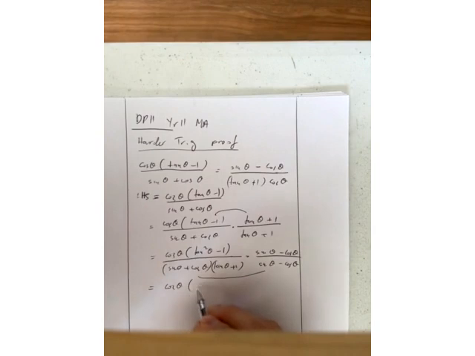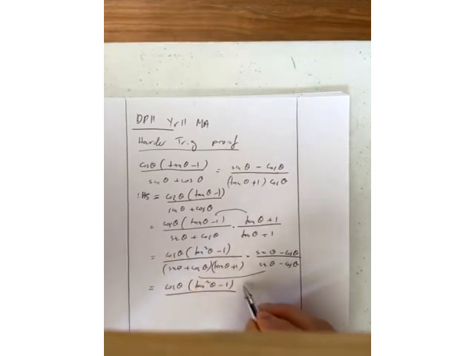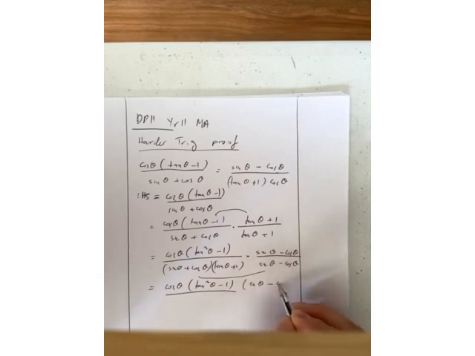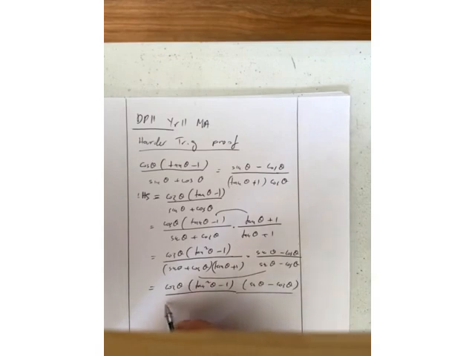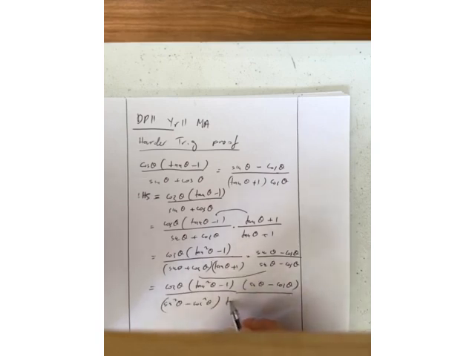You get cos theta tan squared theta minus 1 on the top times sine theta minus cos theta. And on the bottom, you have sine squared theta minus cos squared theta. And of course, you're still left with tan theta plus 1.